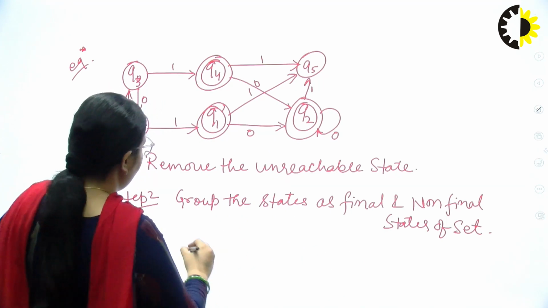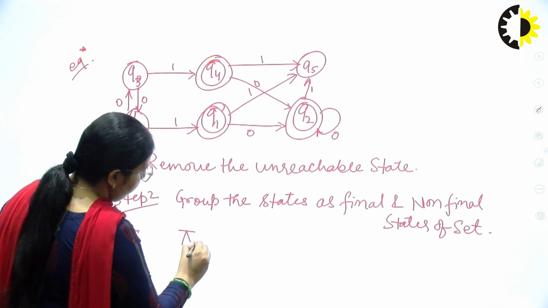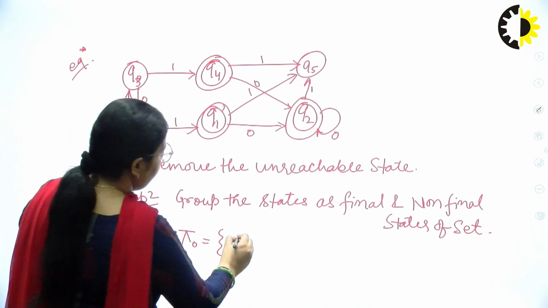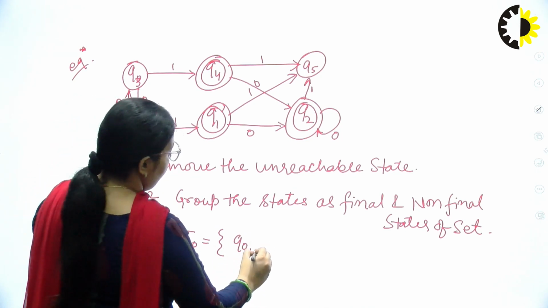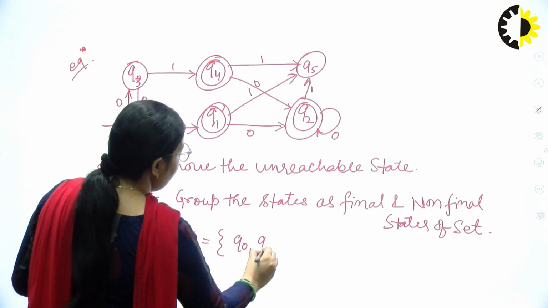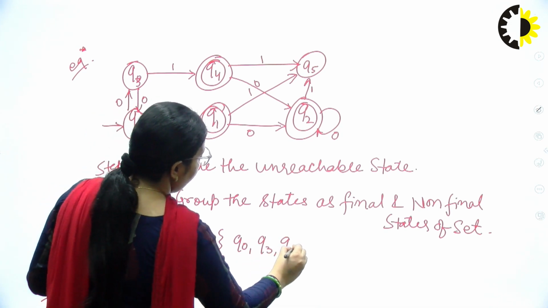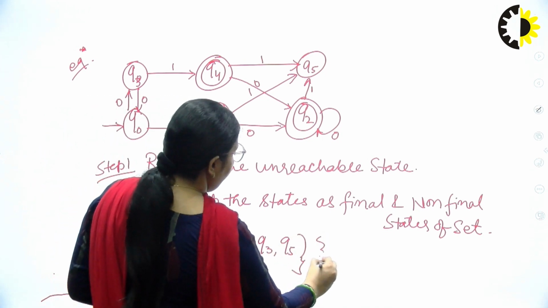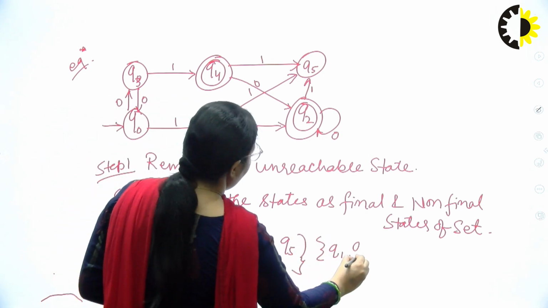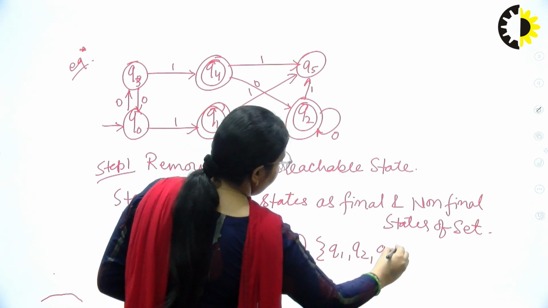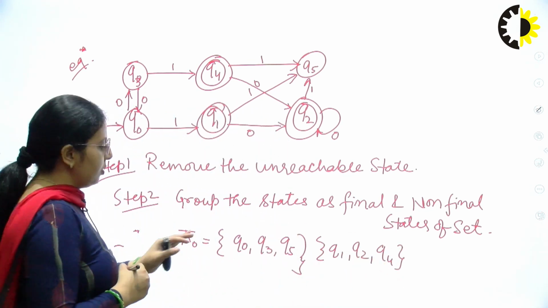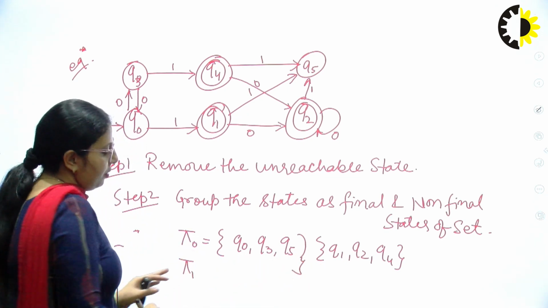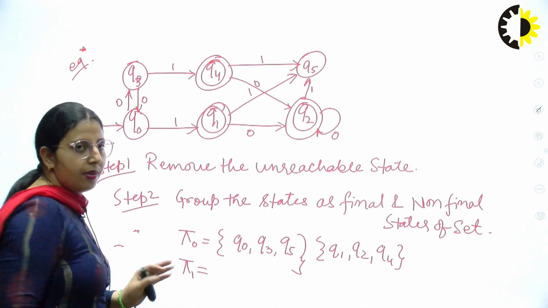So phi 0 is what? Non-final states are Q0, Q3 and Q5, and final states are Q1, Q2 and Q4. So this is the partition 1. Partition 2 has to be done, that is phi 1.